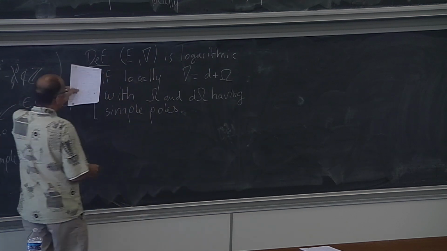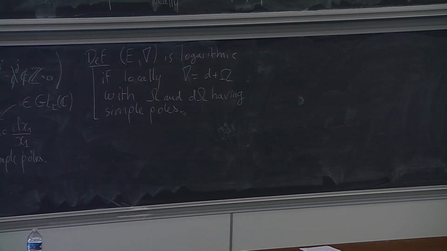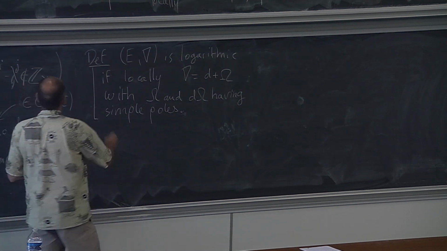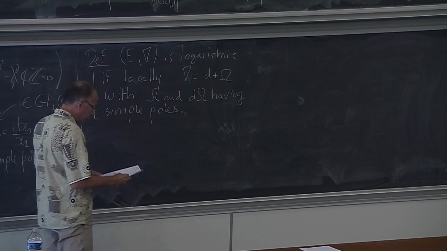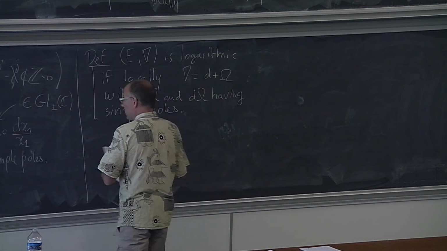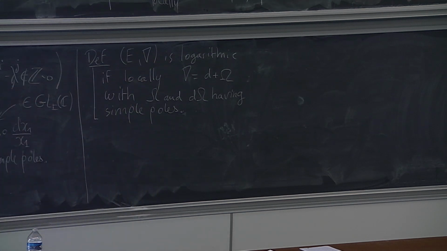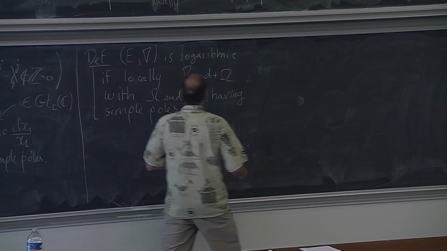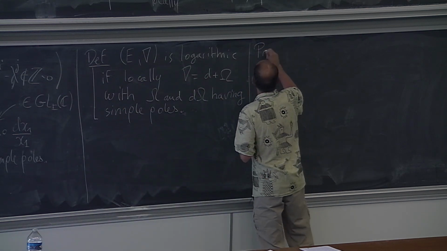This definition also holds for the normal crossing divisor. But let me show you this proposition in the case the divisor is smooth, which is what we need after. So we prove 1 implies 2.